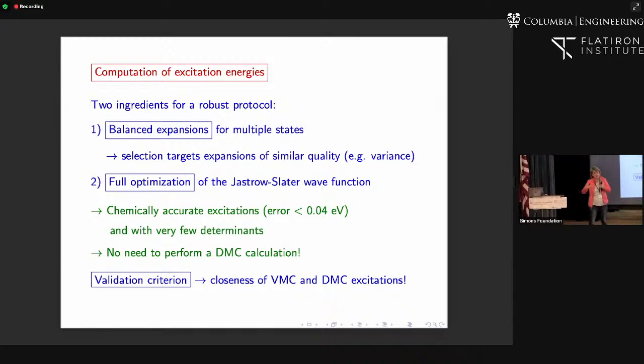That can be the variance, the level of CI, or the total PT2 correction. Then we optimize all parameters, and we can find a chemically accurate excitation with a few determinants. And for us, few is less than 10,000, okay? And then if you have done all this work, you actually don't need diffusion Monte Carlo. And often what we do is we use the closeness between VMC and DMC to establish whether it actually has something sensible.